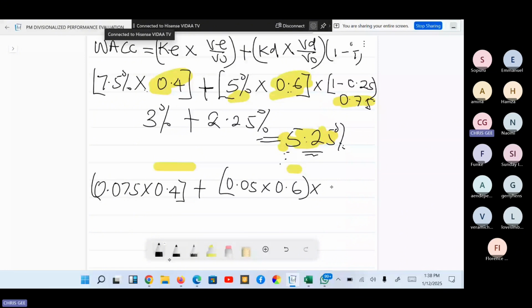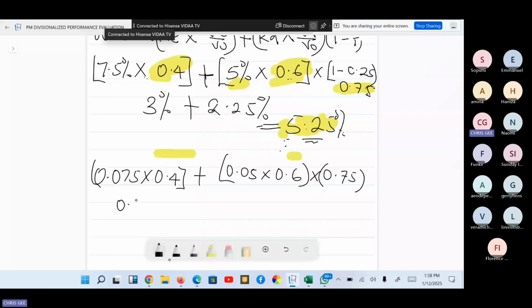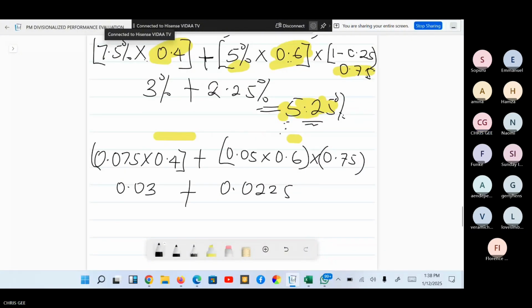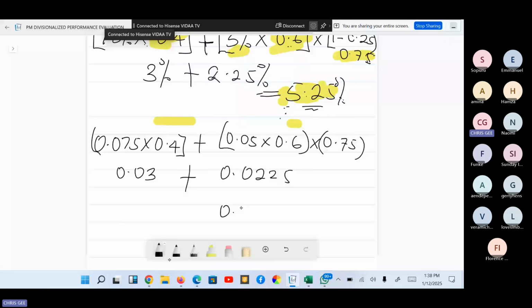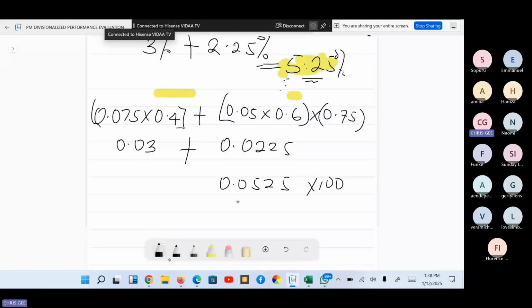This one you multiply, you have 0.03, correct me if I'm wrong. Plus, if you multiply everything here, you have 0.025. If you add the two together, this becomes 0.0525. If you now multiply it by 100 to change it to percent, you have 5.25%. You have the same thing.